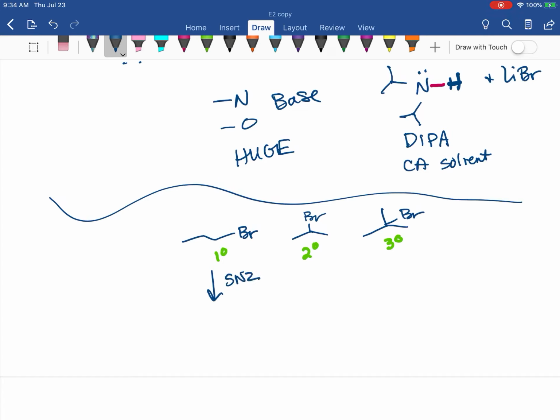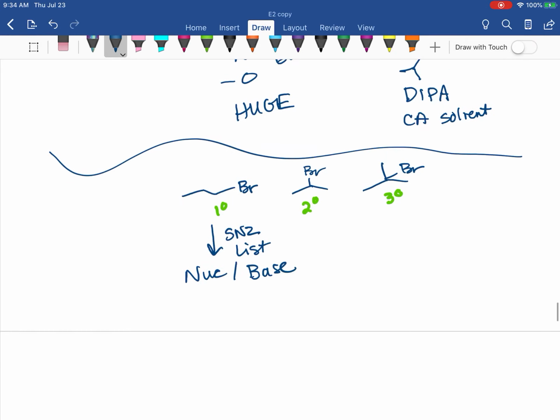All right, now I want to add to that because our list that we had of nucleophiles and bases gave us both of these, gave us an SN2. But now that we've learned that our bases have a size, I'm going to add an exception, and that is that LDA.